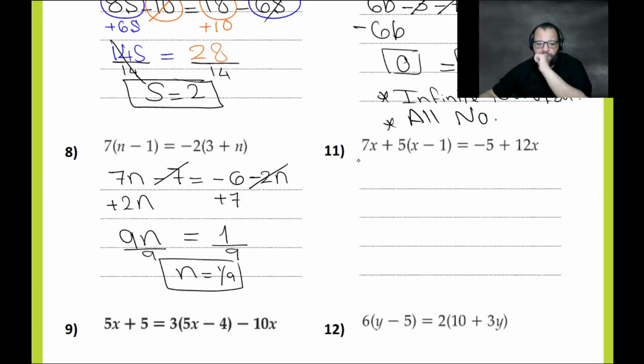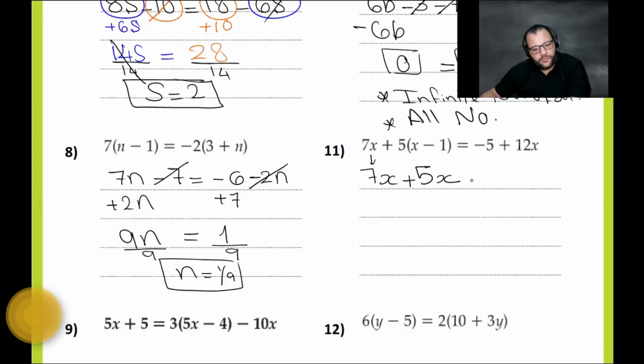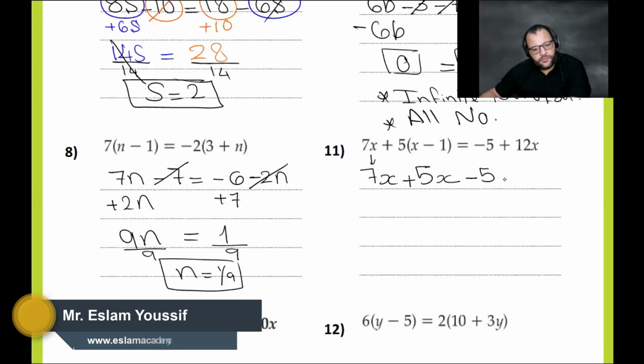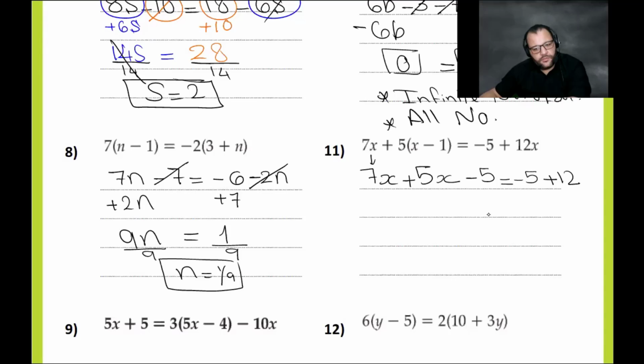So what you have to do is first multiply the parentheses, the brackets. 5 times x is 5x, 5 times 7, then 5x minus 5 equals negative 5 plus 12x.